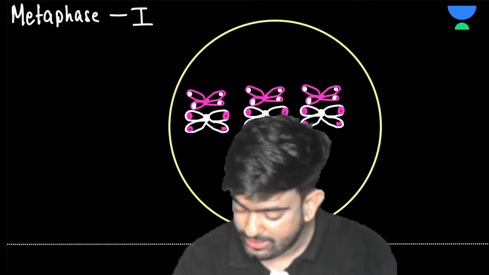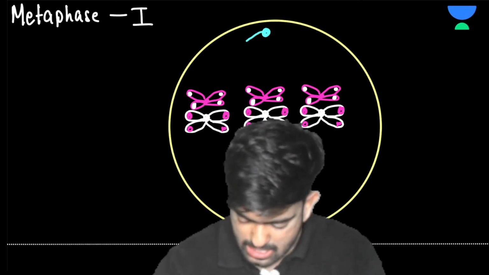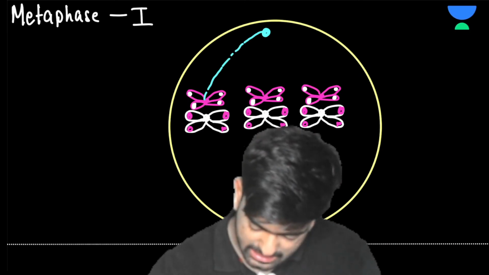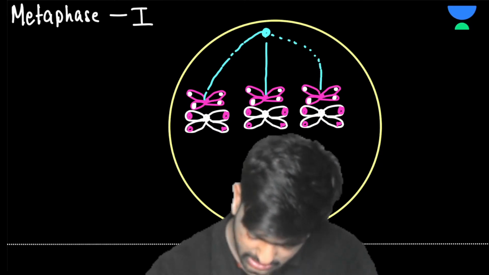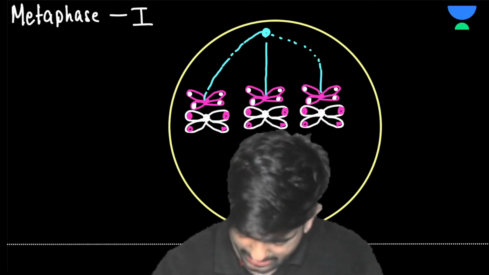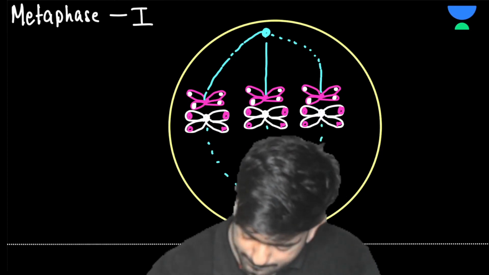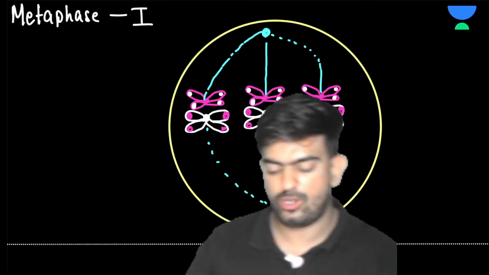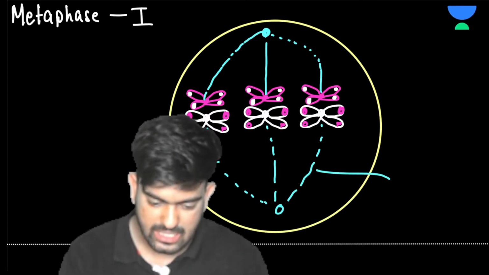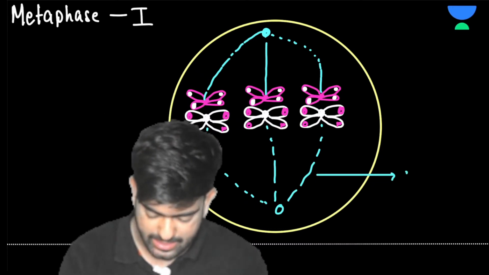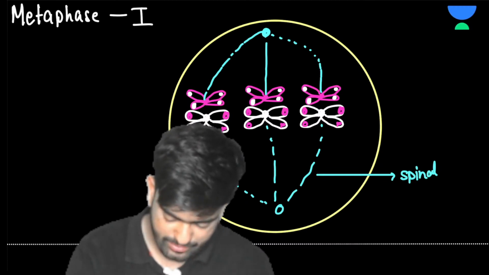Then the centrosomes produce spindle fibers, and these spindle fibers are attached to the kinetochore. This is the structure of metaphase 1. These are the spindle fibers. Clear to everyone?